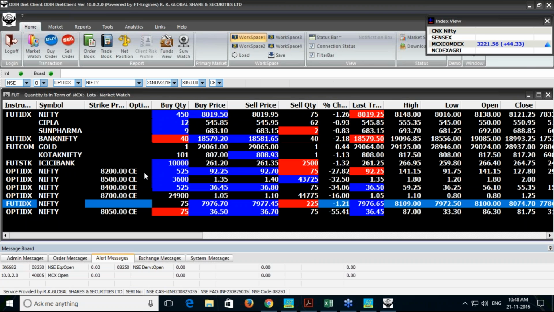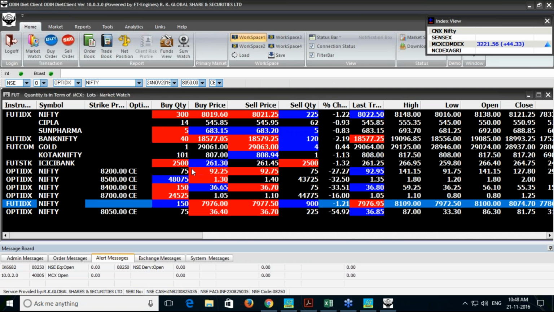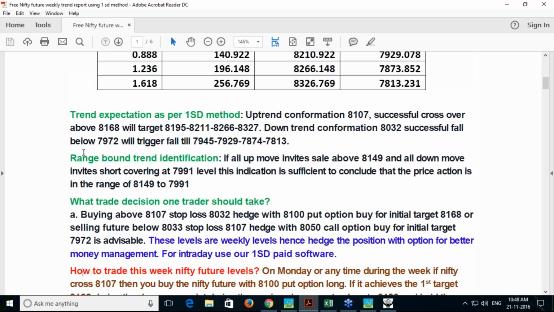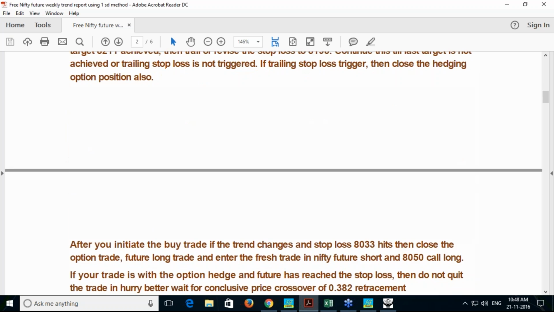Everything is one lot, Mr. Amar Sindeji. Whenever you hedge, I am not telling you any complex hedging here. I have not told you any complex hedging here. If you are buying one future, you should hedge it with one option. I have never made it complex by selling some options. Many other ways you have been given. I have also told you this is not the only way you can hedge.